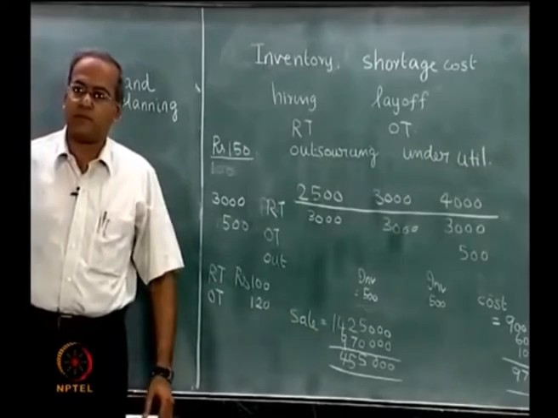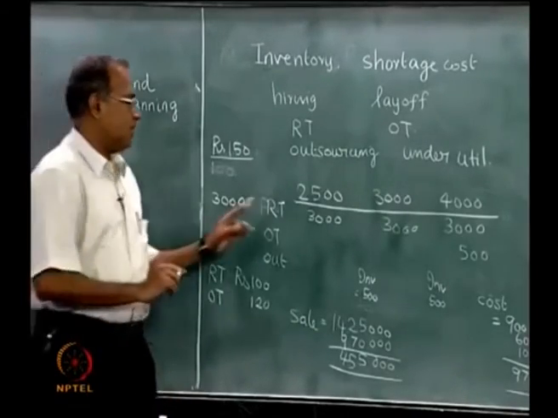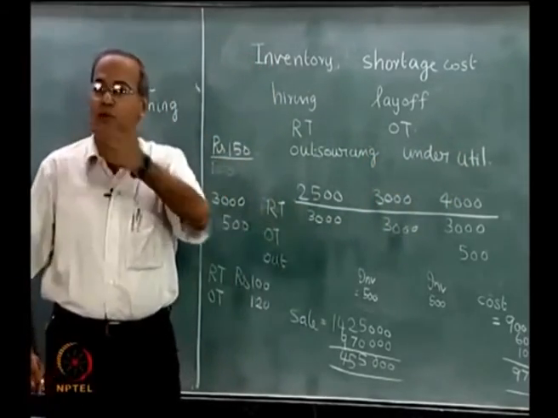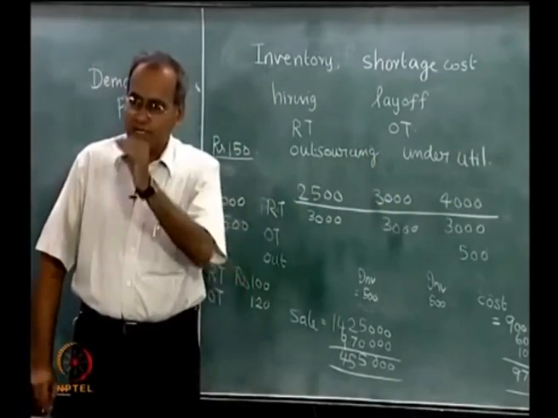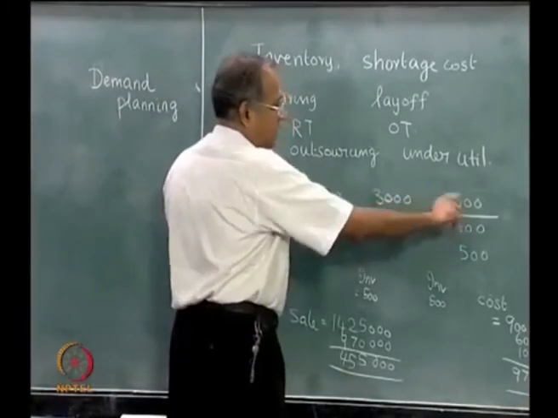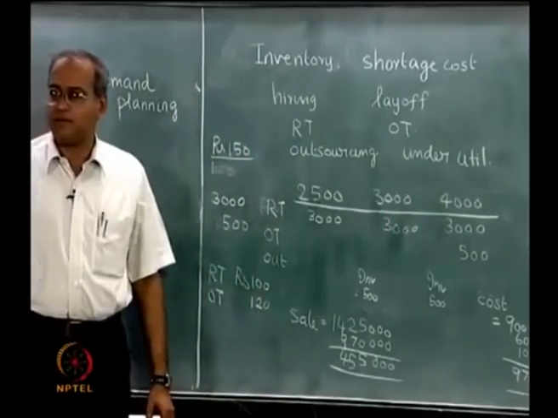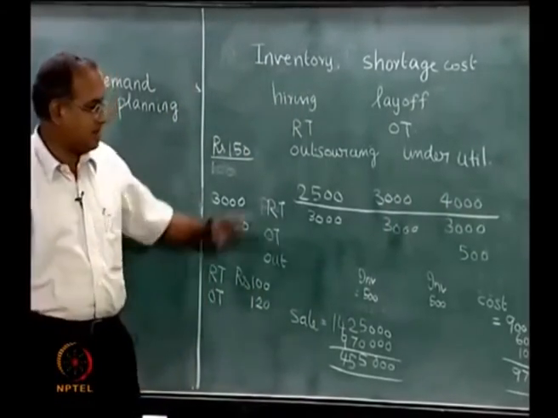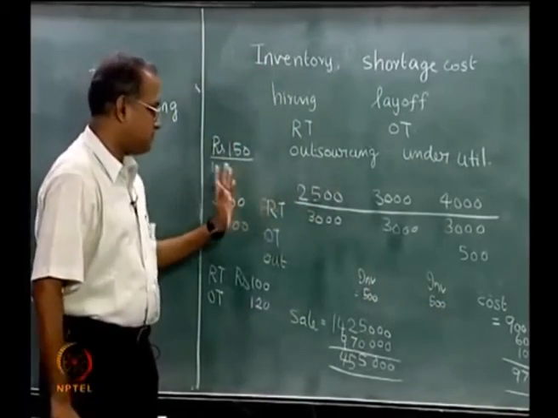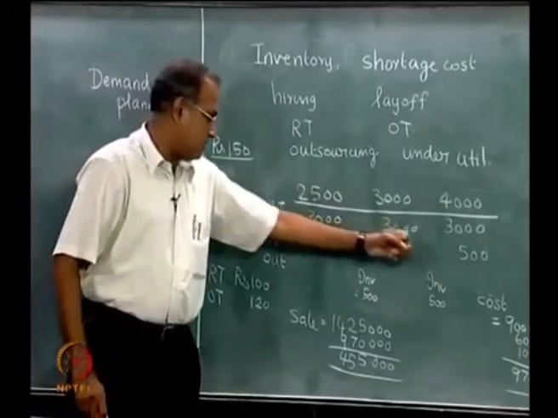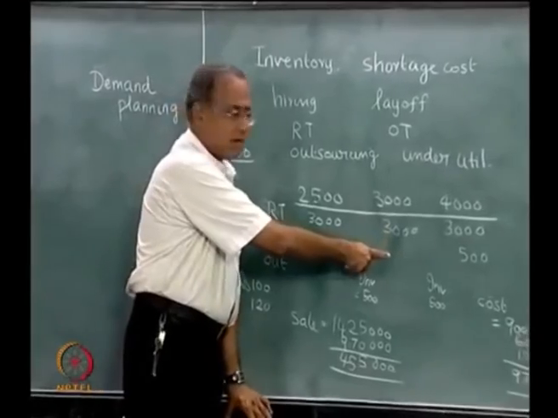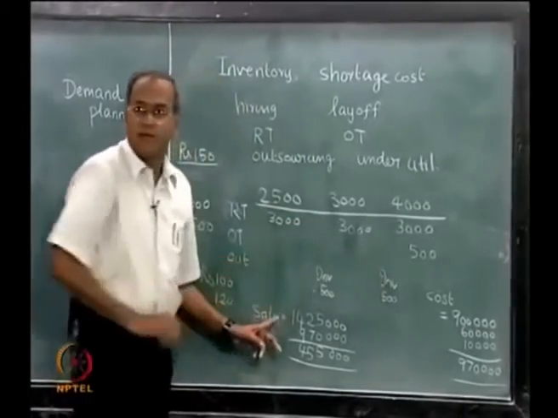In very simple terms, if instead of 2,500, 3,000 and 4,000, which adds up to 9,500, the demand itself were 3,200, 3,200 and 3,100, we know for sure that the cost will come down, because the overtime would be distributed, and the inventory cost can be saved.